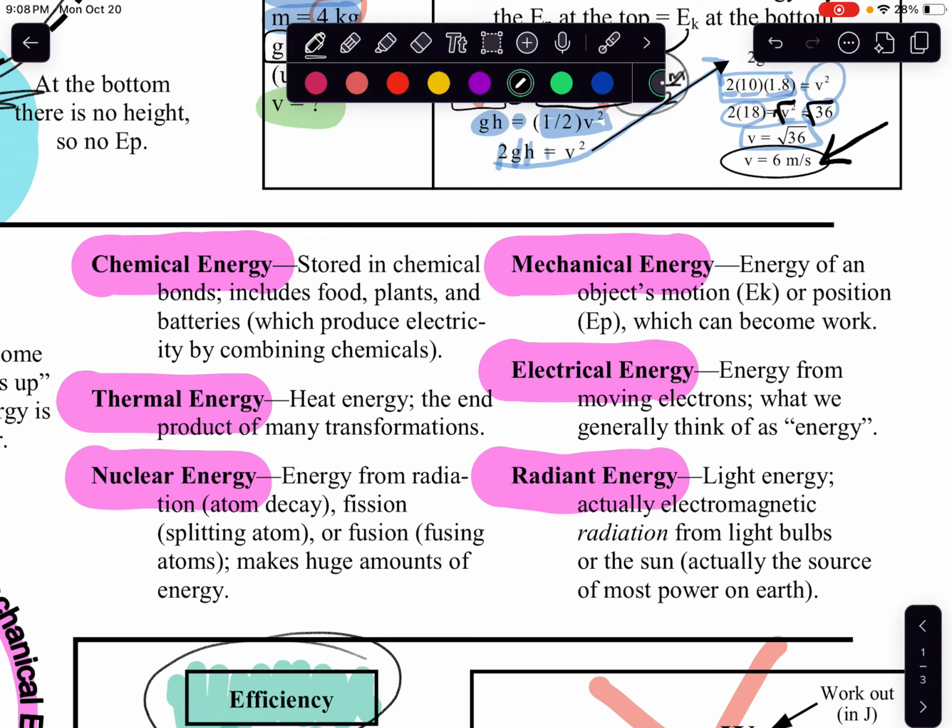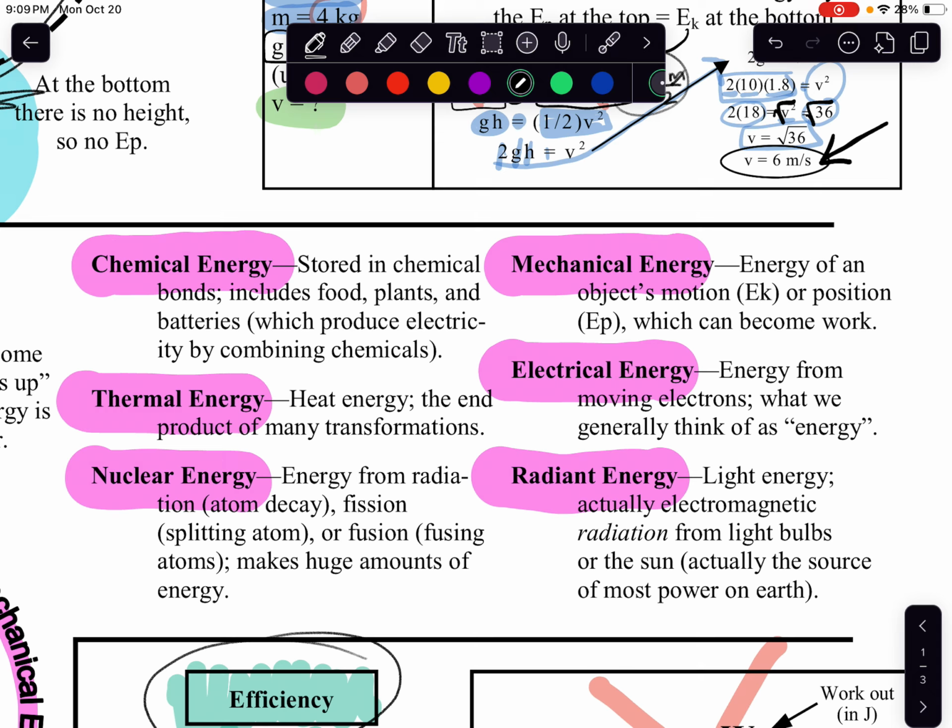And then electrical energy, again, this is kind of the main type that you probably think about. This energy actually comes from electrons moving, which is where it gets its name. It's kind of crazy to think about these teeny tiny particles that exist in an atom that are called electrons. Again, not to be a broken record, but we will learn more about that in chemistry.